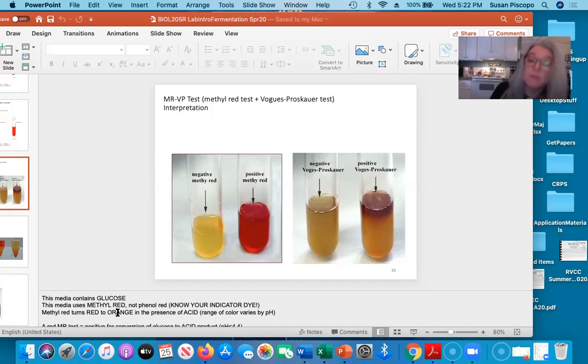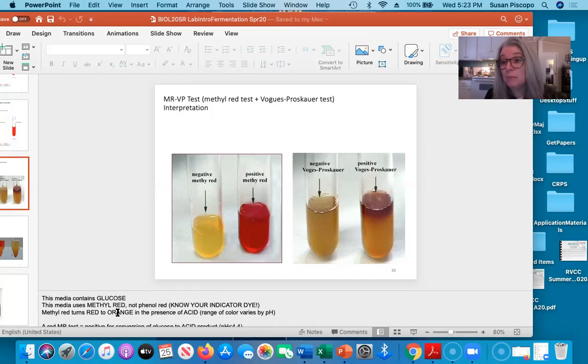And what these reagents are going to do is push this reaction towards its conclusion. And the conclusion is this: if there's acetoin in the tube, the VP media is going to turn red, or I'm going to call it a brick red. It's not the red that you see in the MR tube, the methyl red tube. It's a dark red, almost like a blood red.